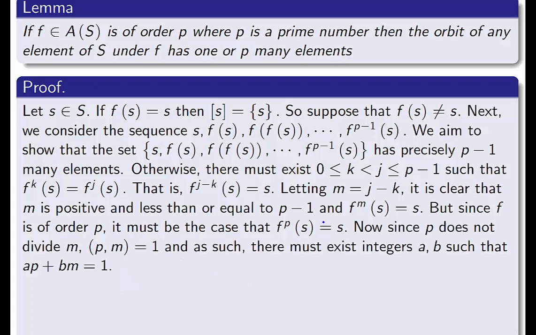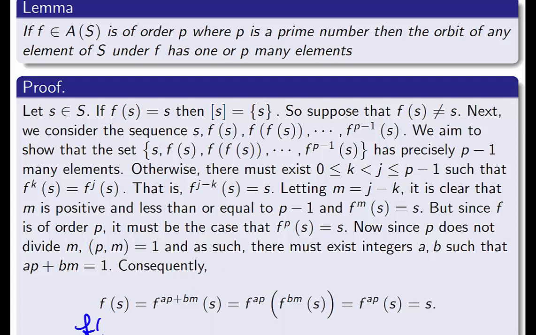Now, since p does not divide m, that means that p and m are relatively prime, and what that means is that you can find two integers a and b such that the integral linear combination ap plus bm is equal to 1.